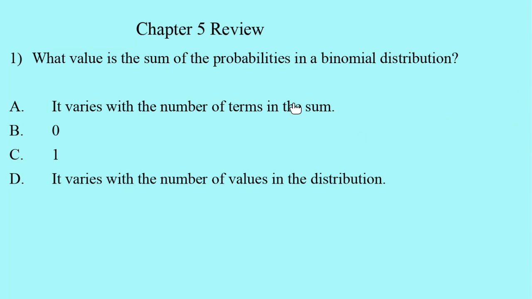So if we look at the question, what value is the sum of the probabilities in a binomial distribution? A, it varies with the number of terms. Oh, you're already saying C. And why do you say C? What's the reason you're saying C?